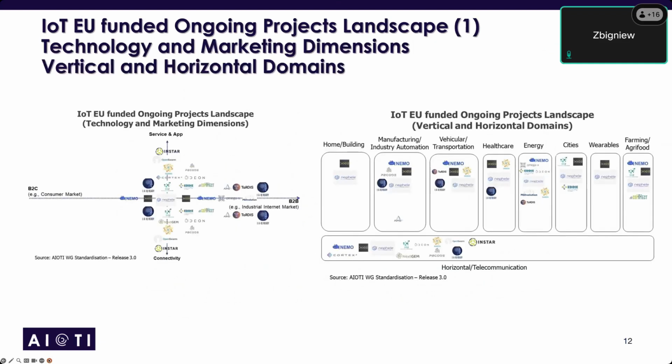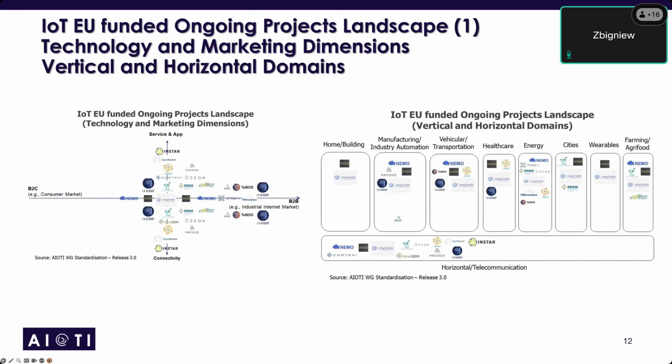The next is IoT. There were completed projects, and the same we did for the ongoing projects, IoT ongoing. So here you can see the same analysis, the same figures. You can see that for ongoing we have fewer projects, but for completed we have more, as we gathered from the last 3 years.